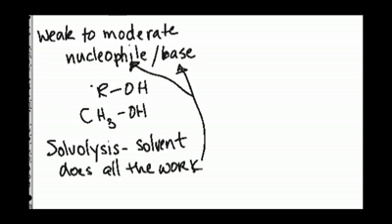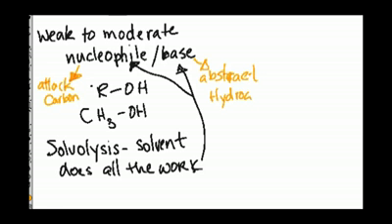If it attacks the carbon itself, it's called a nucleophile. But if it abstracts a hydrogen, it's acting as a base. So it can be the same thing and do both. That's why you have to know what conditions apply to what.